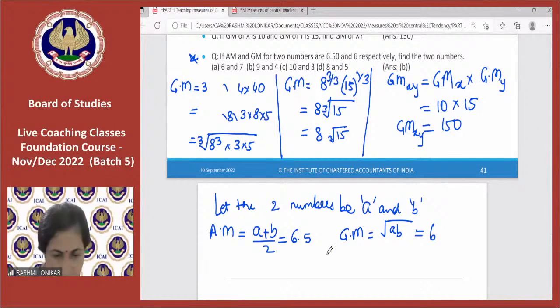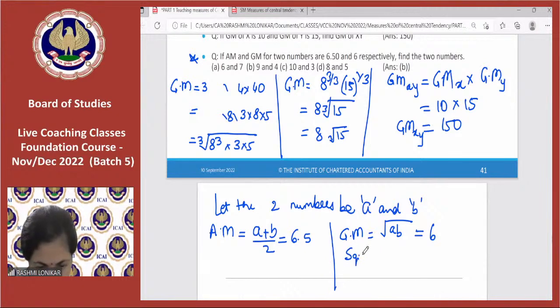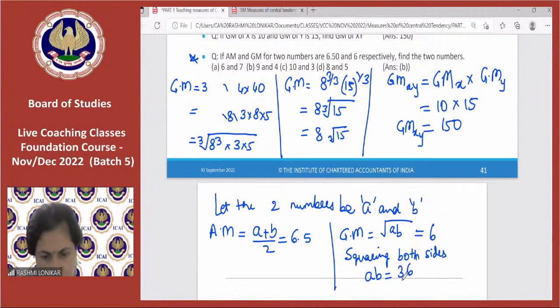So what I do here is, squaring both sides, I get AB is equal to 36. Square root of AB, when I square, becomes AB. 6 square is 36. So I can write B as 36 upon A.